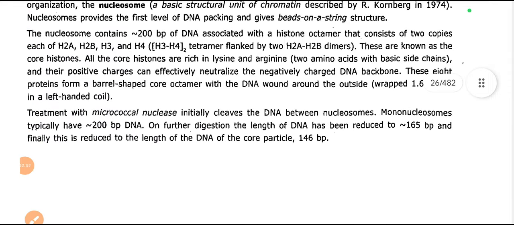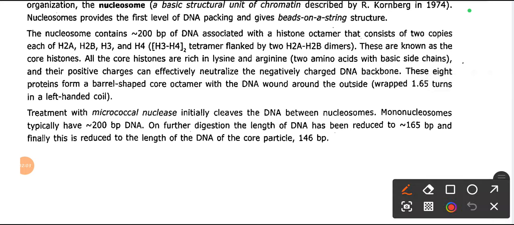A nucleosome contains around 200 base pair of DNA associated with a histone octamer, which consists of two copies each of H2A, H2B, H3 and H4. H3 and H4 form a tetramer, two copies of each, flanked by two H2A and H2B dimers. These are known as core histones.